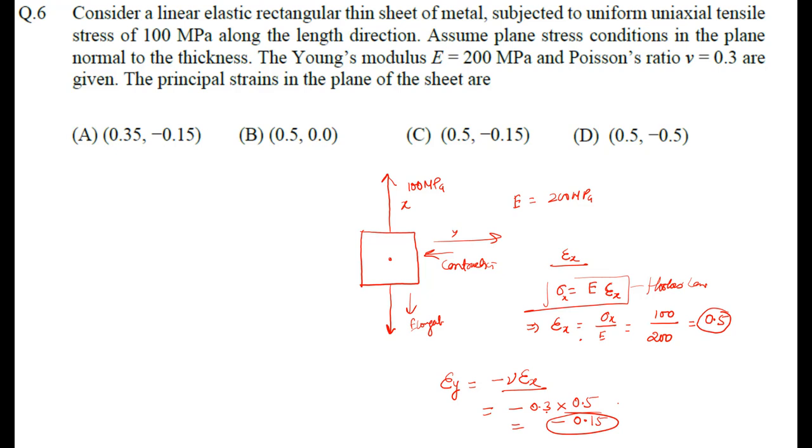That means the plane strains will be 0.5 in the x direction and minus 0.15 in the y direction. So which is your correct option? Option C is the correct answer, right? So this is the method to solve.